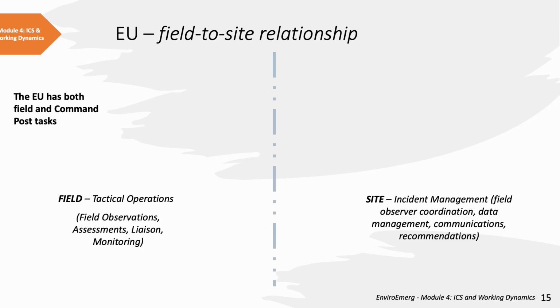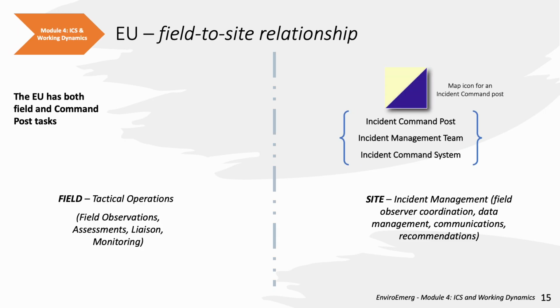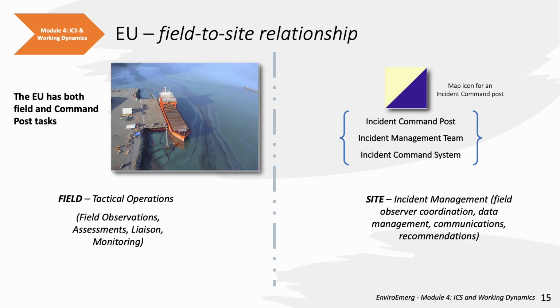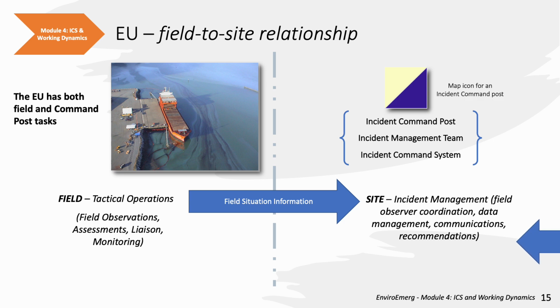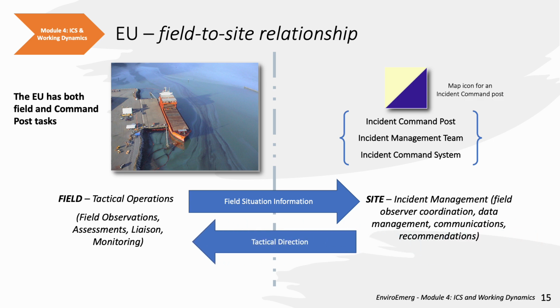The environmental unit has both field and site tasks, and there's a relationship between these two places. Field is where the incident occurs and tactical operations are undertaken. Site is where the incident command post resides and the incident management team therein, which is operating under the incident command system. The site is also where the environmental unit resides. It's undertaking coordination, data management, and working according to an operational period.